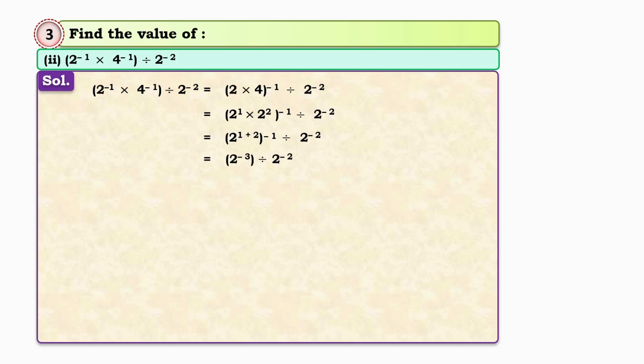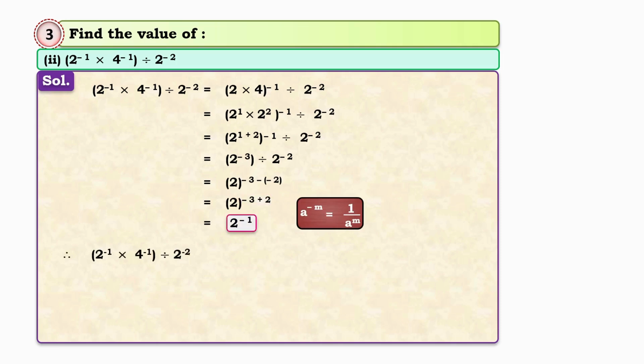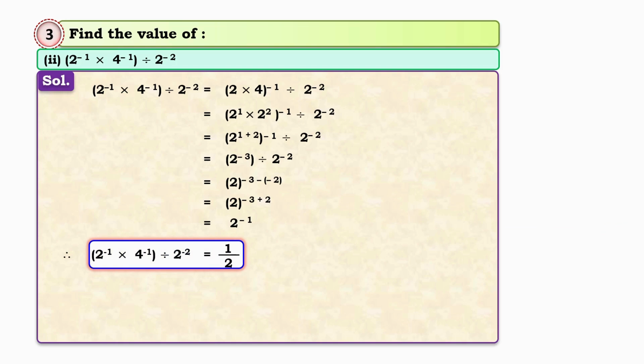Here, if you take a look, 2 to the power 3 to the power minus 1. Here basically we have applied (a^m)^n equals a^(m into n). That's why we are getting 3 into minus 1, that is minus 3. Now we are going to apply this law, which is coming 2 to the power minus 1 is equal to 1 by 2. So this is the final answer.